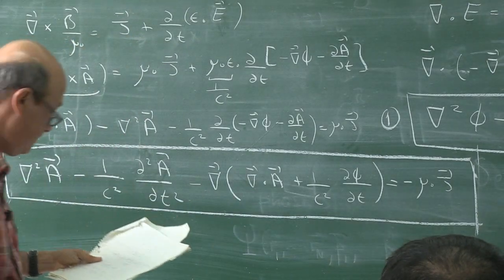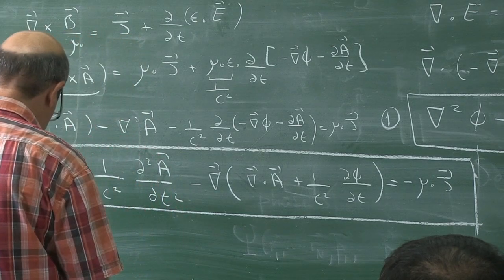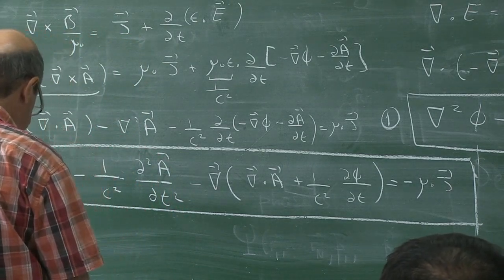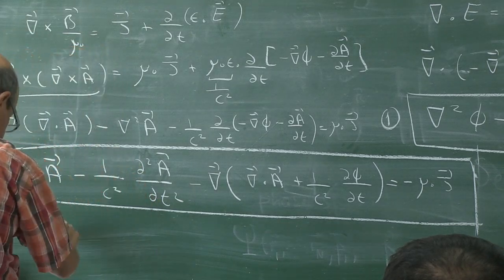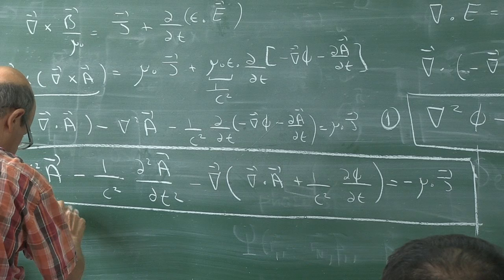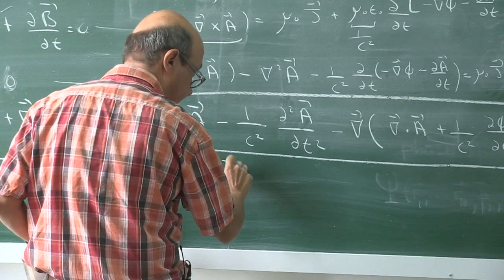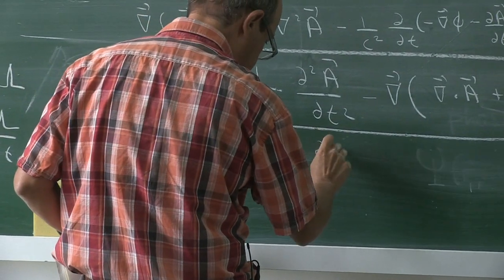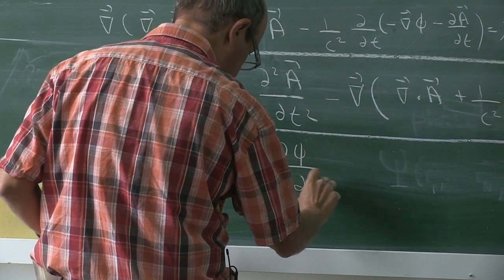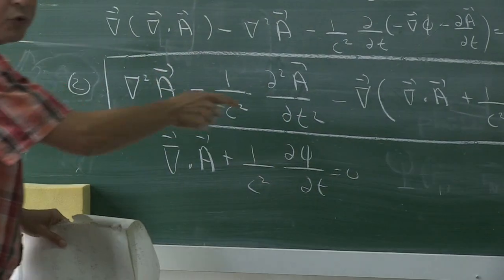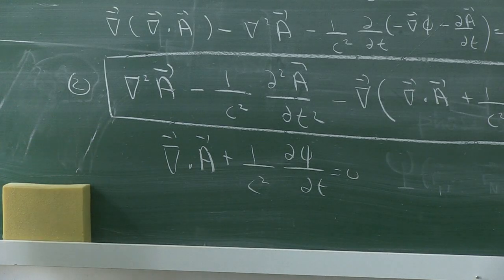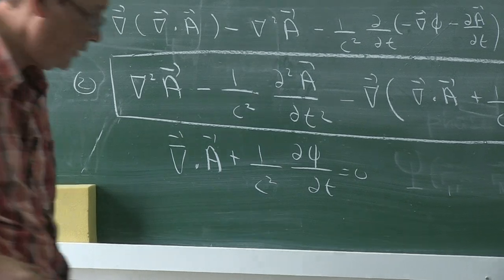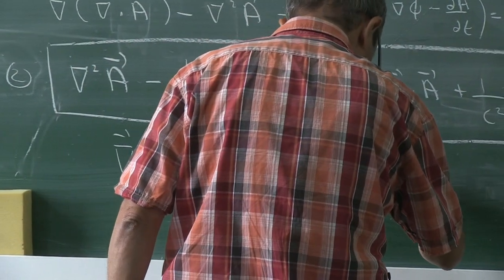So basically, what is done is the following. Del dot A plus 1 over c square del phi over del t is equal to 0. Do you know that this choice has a name? Do you remember? Lorentz condition. So this is the well-known Lorentz condition.